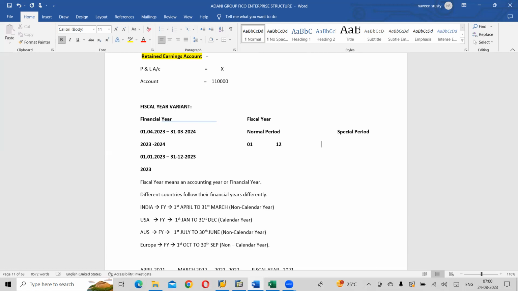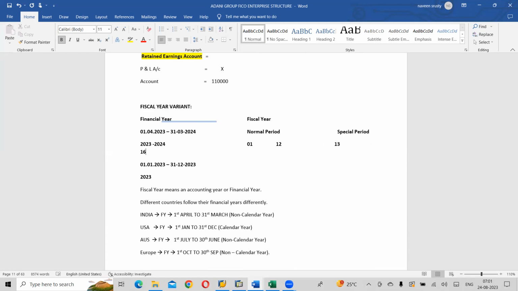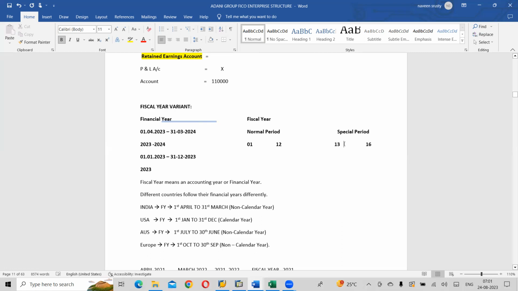And special periods in SAP start with 13 and end with 16. 4 special periods. So 01 to 12 are the normal periods and 13 to 16 are special periods.